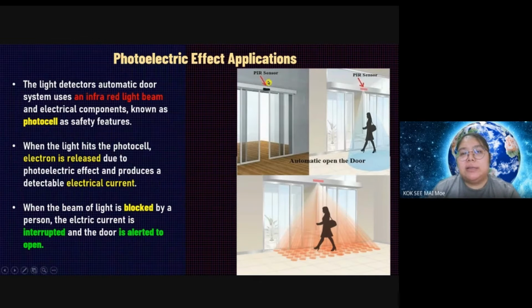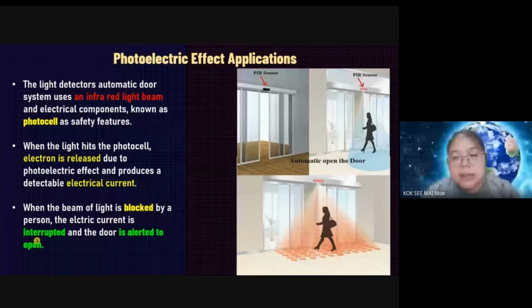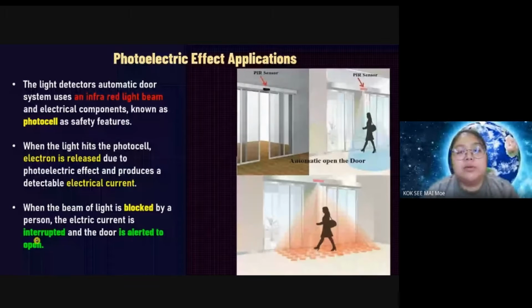So from here, you can see the situation. When there is no passenger, a person, the door just stays. When the light is blocked by a person walking through, the infrared is blocked by the person, so the electric current is interrupted. Suddenly the current cannot flow because you are blocking, and after that the door automatically opens.